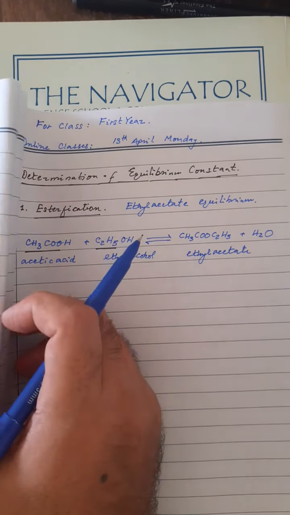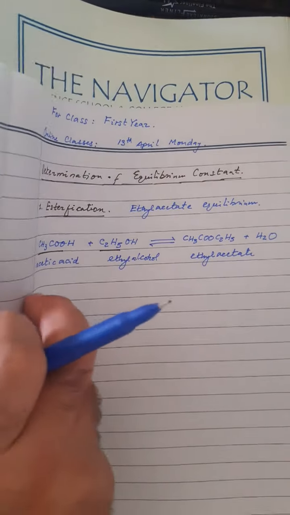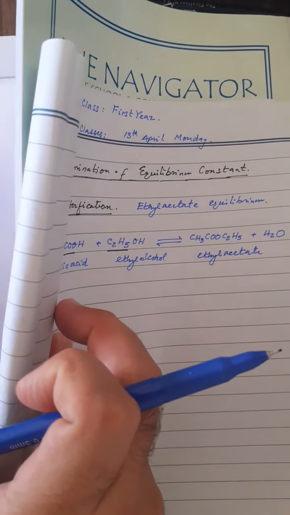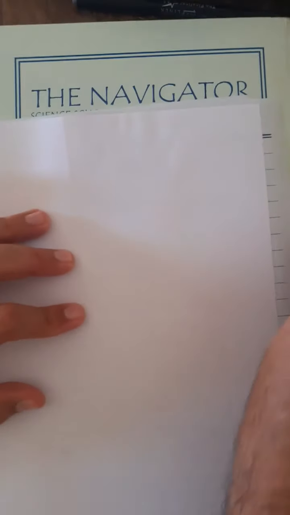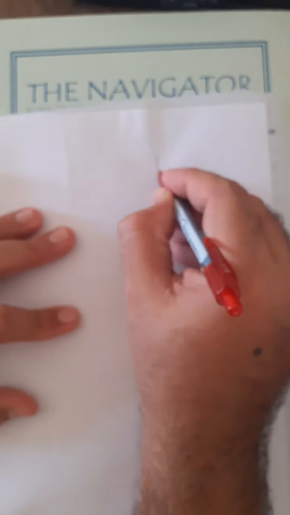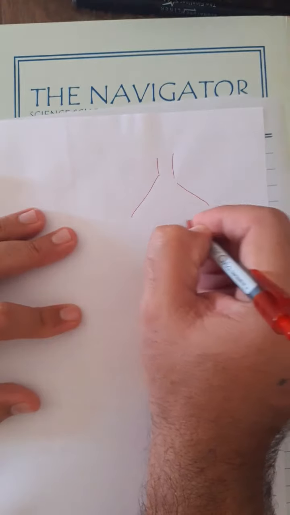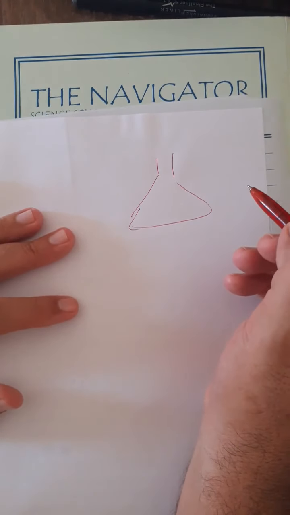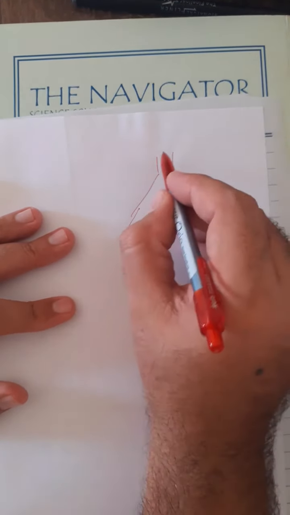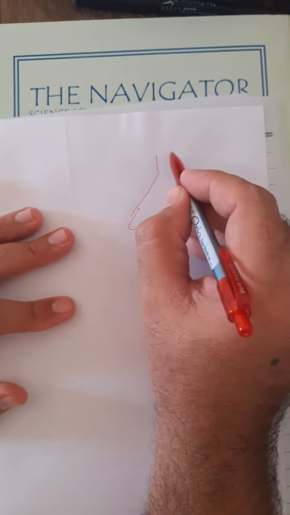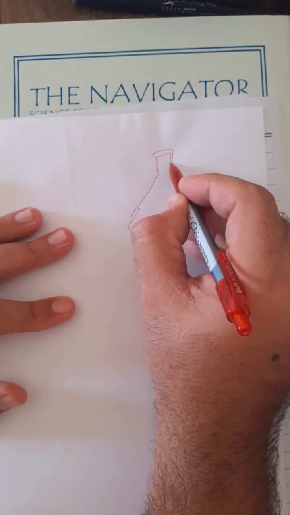If I have to explain what a flask is, a flask looks like this. This is called a conical flask. Now there are some flasks which have a stopper.